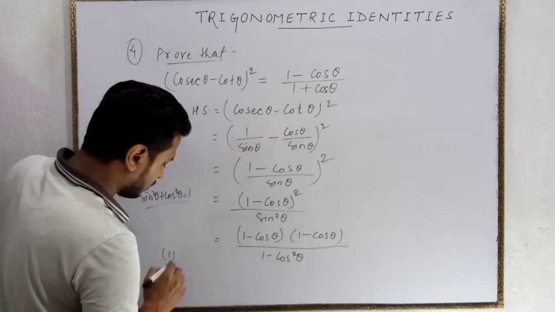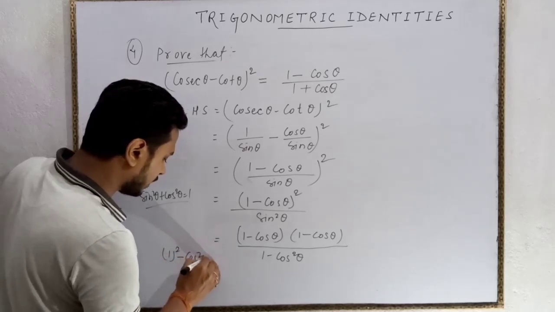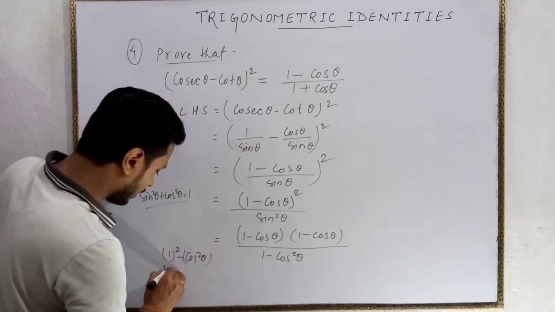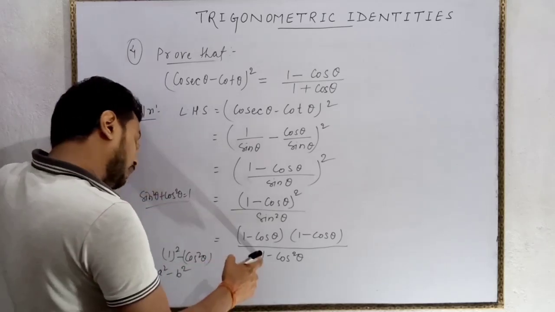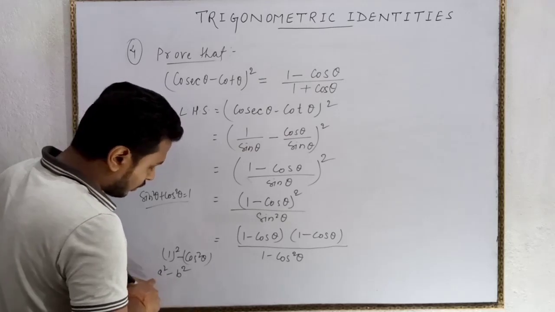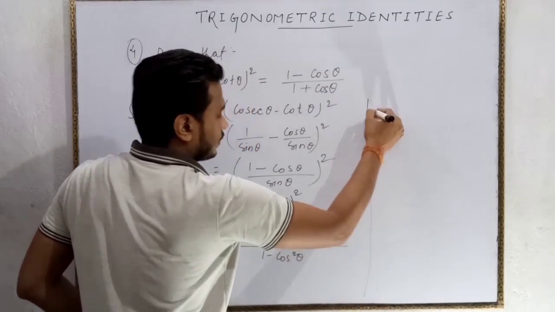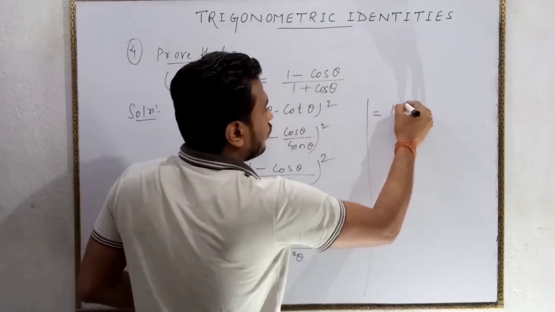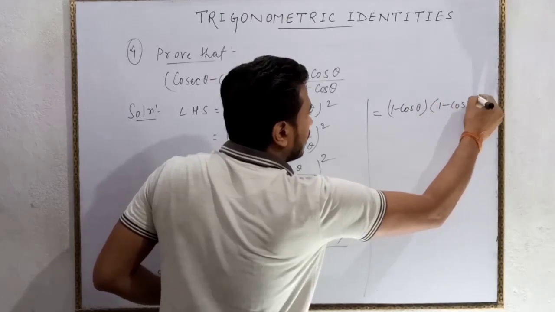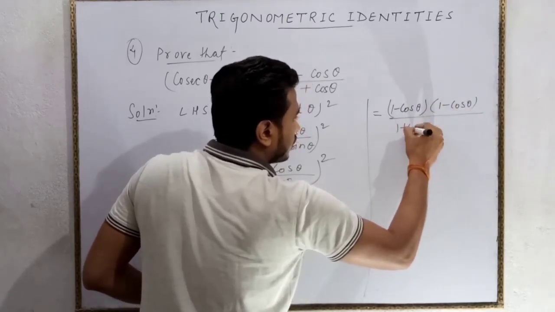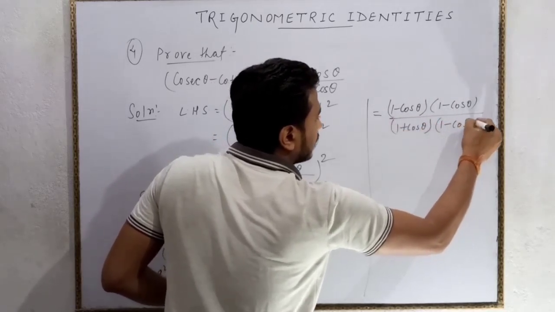We can split 1 minus cos square theta using the formula a square minus b square, as 1 square minus cos square theta. Thus, we can get (1 minus cos theta) into (1 minus cos theta) upon (1 plus cos theta) into (1 minus cos theta).